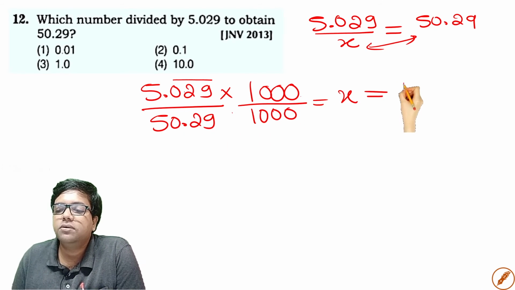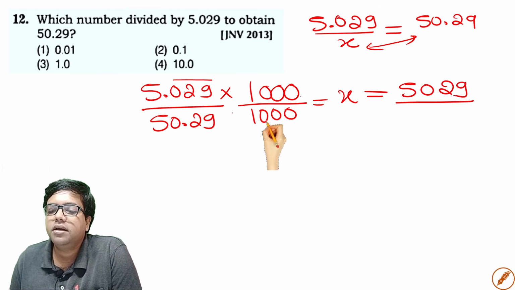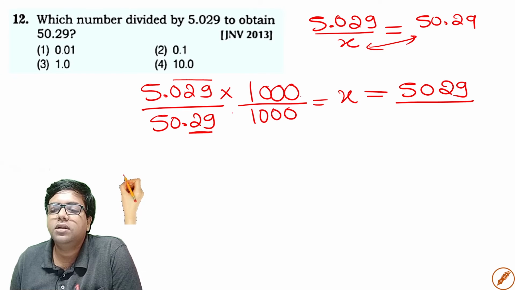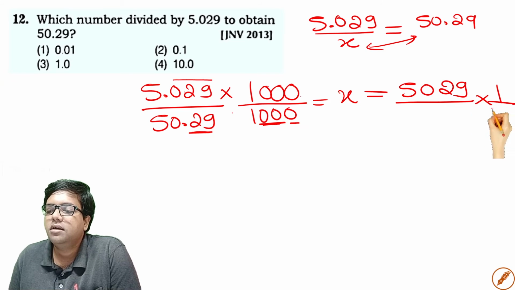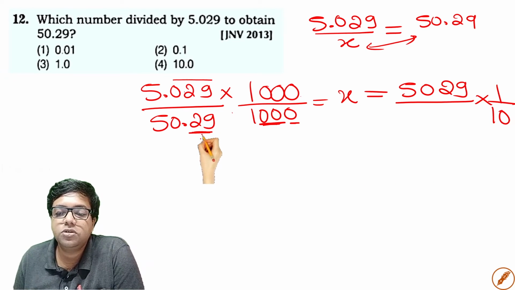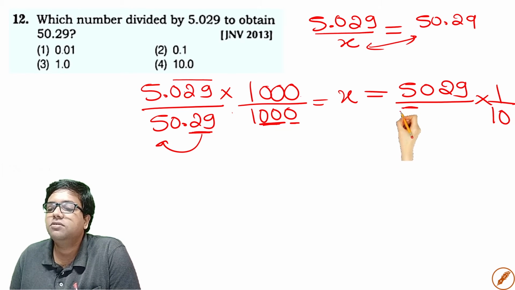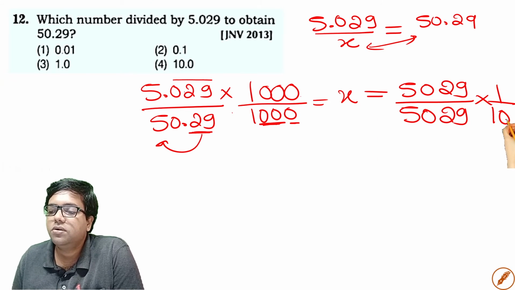This will be equal to 5029 divided by... only 2 digits are there after the decimal point, so I will make use of only 2 zeros and keep 1 zero aside. I will make use of these 2 zeros, so these 2 digits will shift. That gives me 5029, and 1 zero is still there.